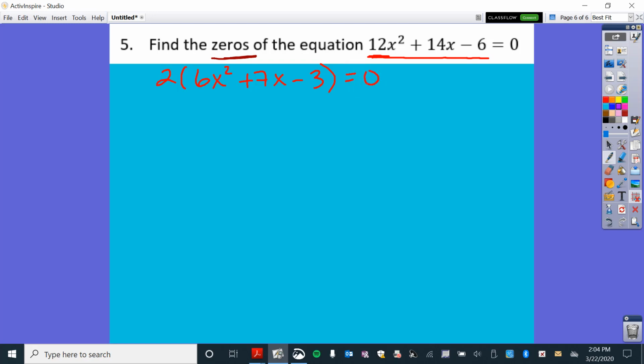Now, again, we're going to leave this 2 alone like we did before. Okay, and we are going to factor this expression inside of the parentheses. So we're still going to draw our x and our box.